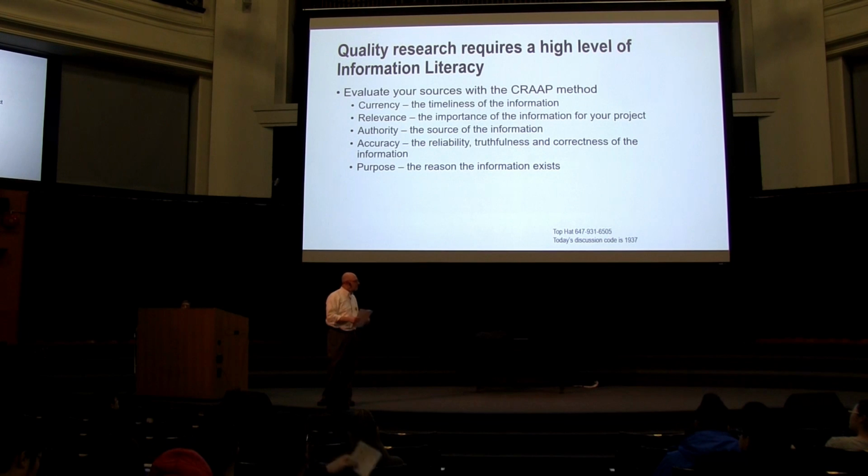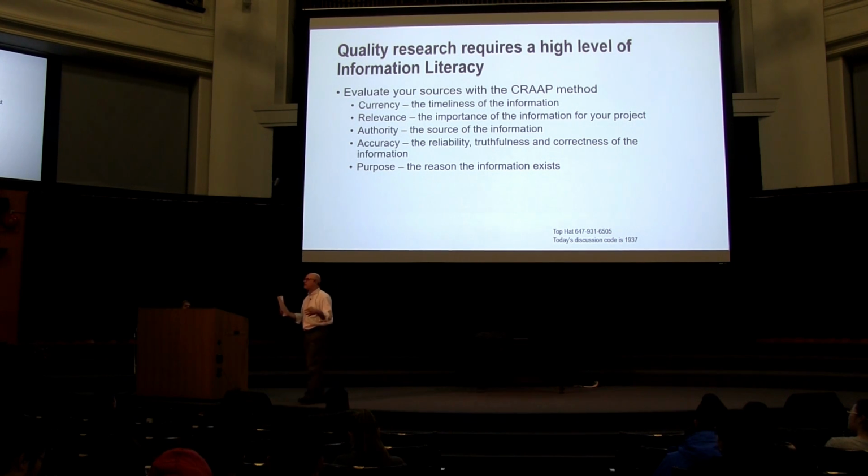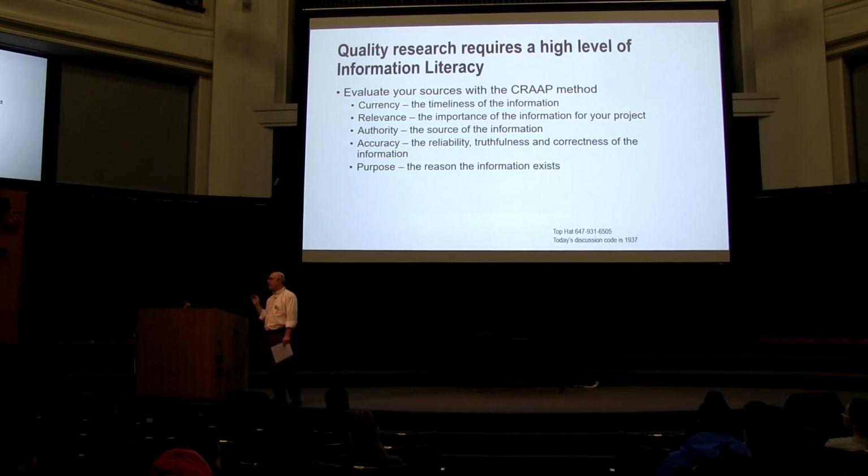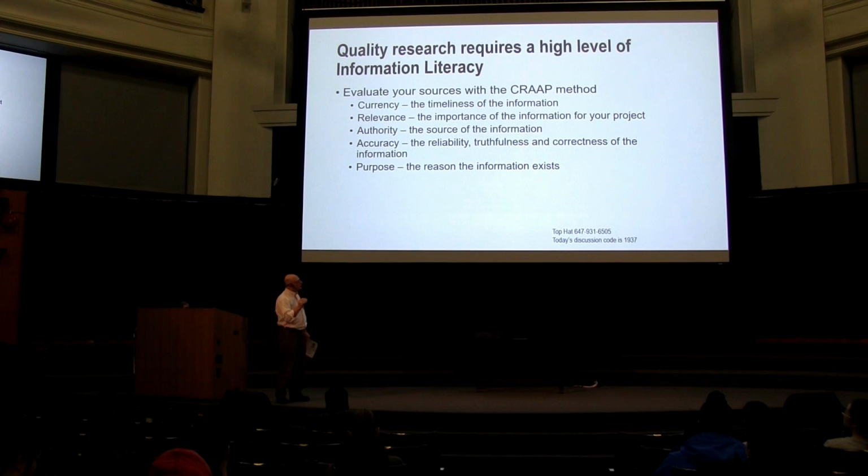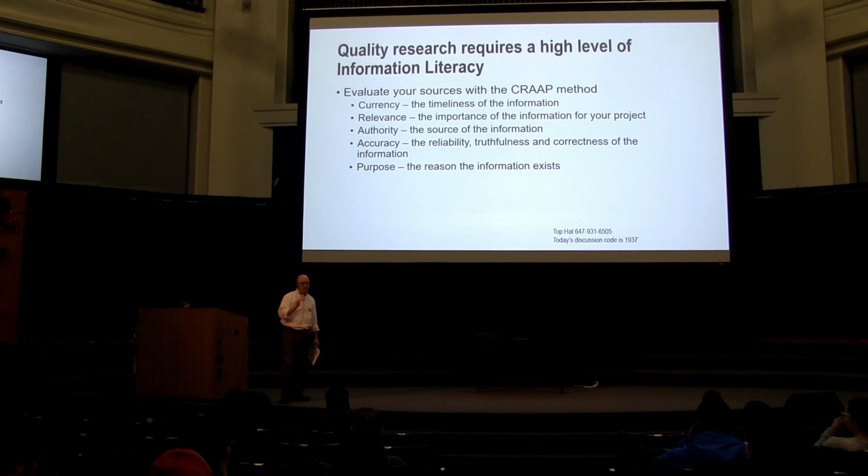So there is a way of determining quality of research. It's called the CRAAP method, C-R-A-A-P. And it is a way of preventing your document from having crap, C-R-A-P, in it. And that's important because your mark is going to depend on that.